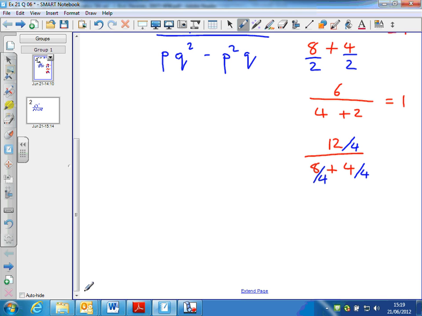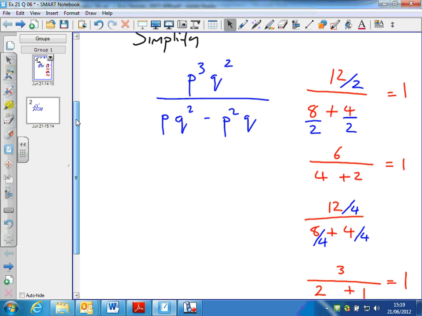Again, it works. 12 divided by 4 is 3, 8 divided by 4 is 2, and 4 divided by 4 is 1. And the answer is still 1. 3 over 2 plus 1 is still 1. So we can use that little trick here. The 4 is what's called the highest common factor. The biggest number that goes into 12 and 8 and 4 is 4.